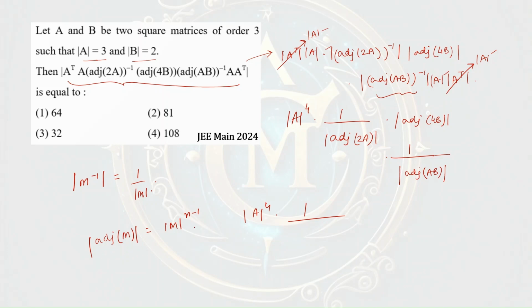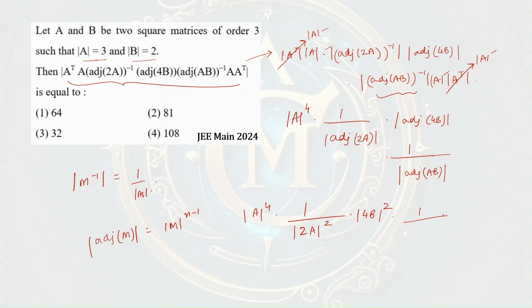So when n equal to 3, this determinant will be equal to determinant of M whole square. That means determinant of 2A whole square times, similarly we can calculate this by the same rule, determinant of 4B whole square.